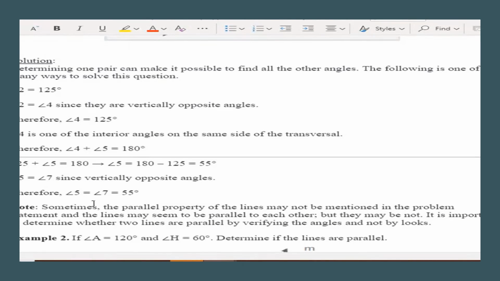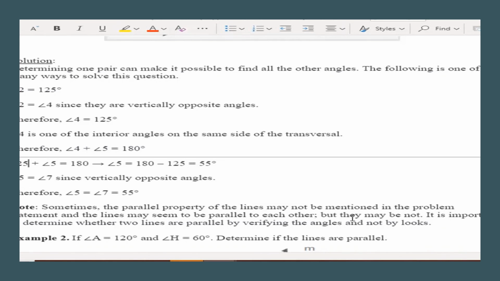Then it says, sometimes the parallel property of the lines may not be mentioned in the problem statement, and the lines may seem to be parallel to each other, but they may not be.